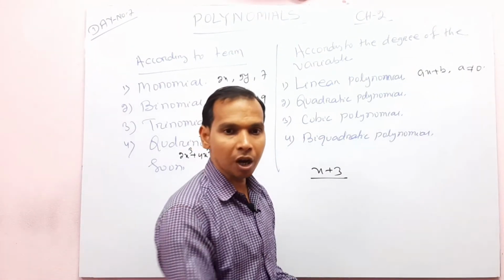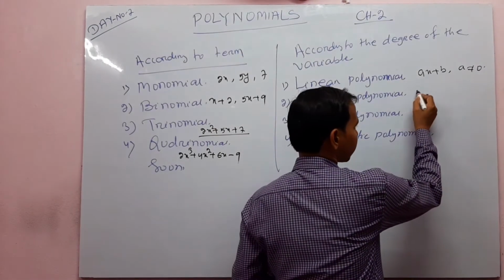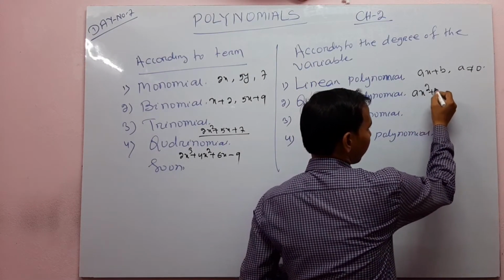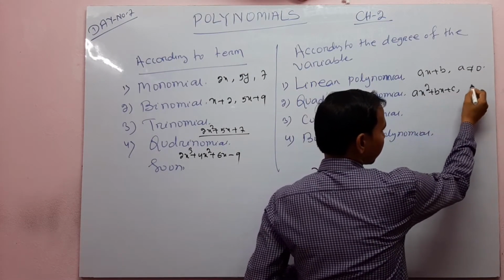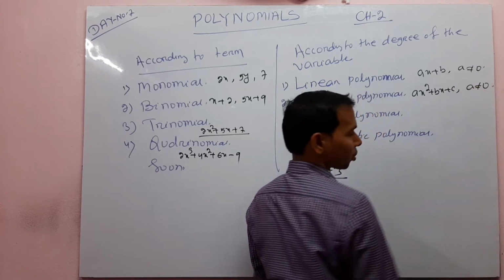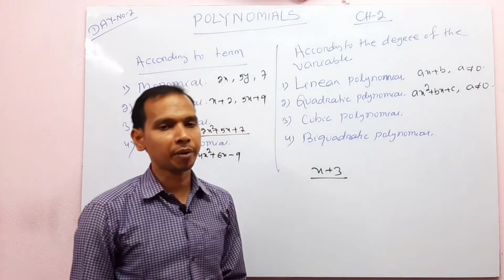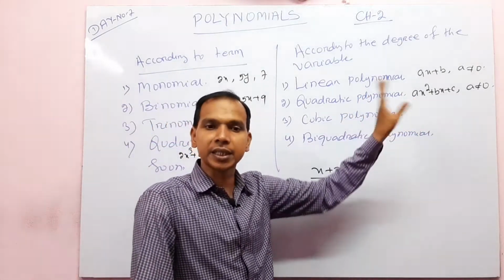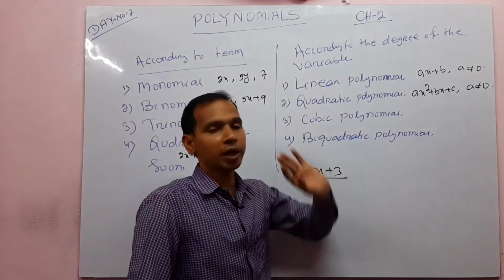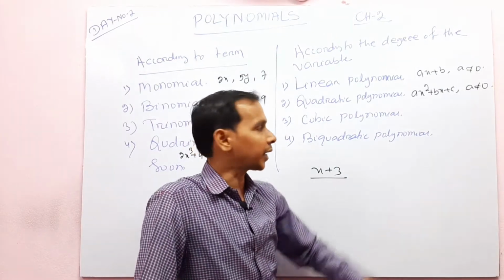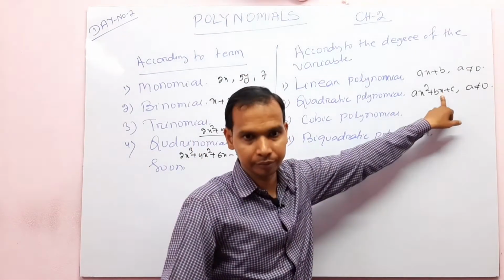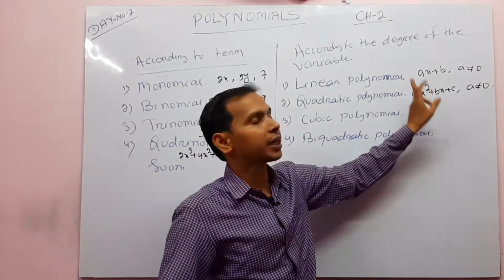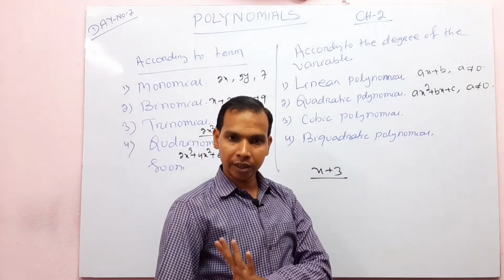The standard form of a quadratic polynomial is ax square plus bx plus c, where a is not equal to 0. b and c may or may not be 0. And if we factorize a quadratic polynomial, we get two factors.